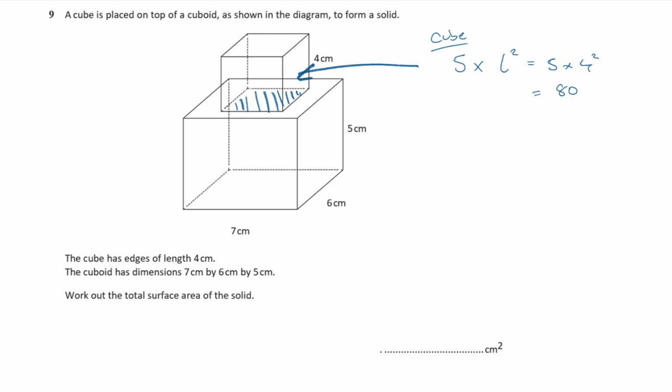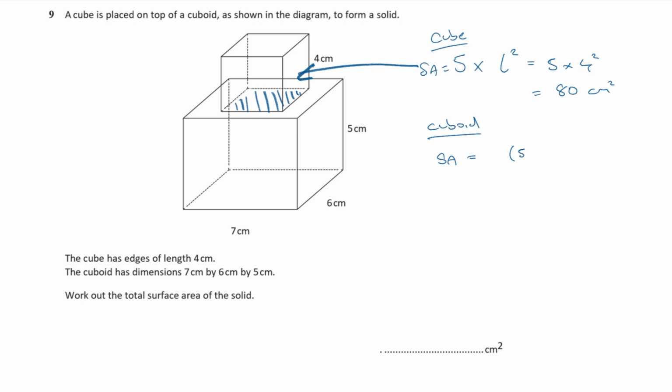So that's going to give me 80 centimeters squared. Now the cuboid would generally have a surface area. I should really say that's surface area, isn't it? So surface area is normally like you take each of the dimensions of the shape and you multiply them together.